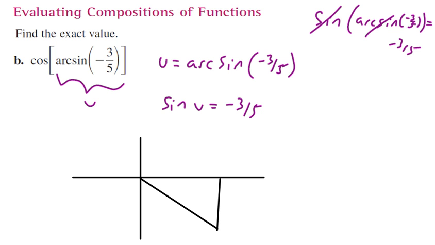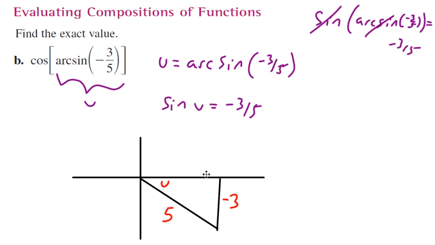Let's put what we know. This is my u, and sine is opposite over hypotenuse, so this is negative 3 over 5.